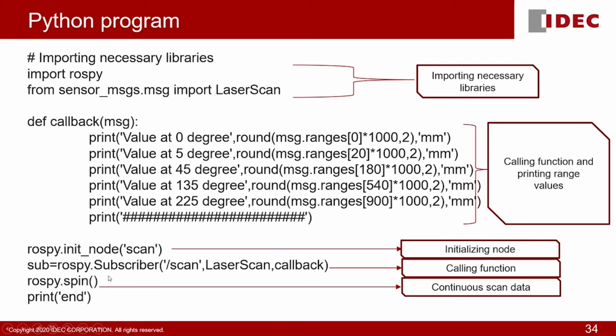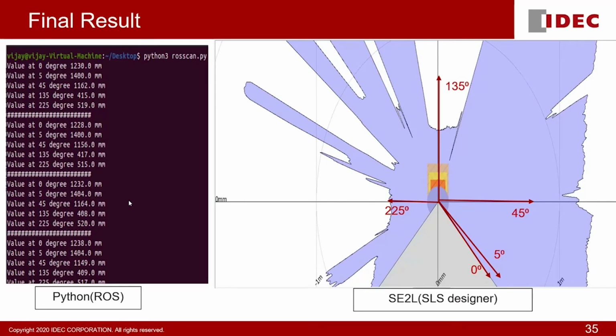And finally, spin means the command is executed repeatedly unless we end the Python code. Here we are receiving the continuous command. So this is how we get the values, the result, once you execute the Python code.